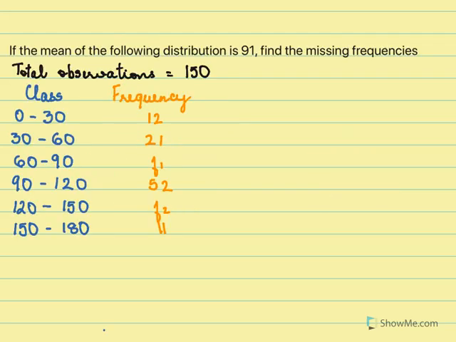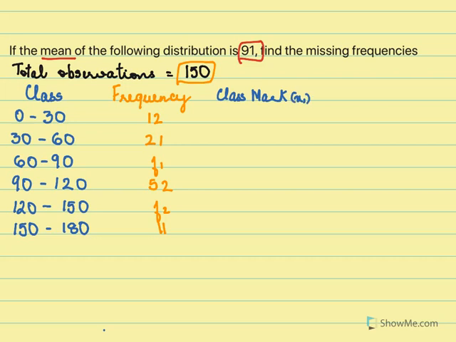If the mean of the following distribution is 91, find the missing frequencies. The total observation is given as 150. First we need to find our class marks, which is xi, upper limit plus lower limit divided by 2.